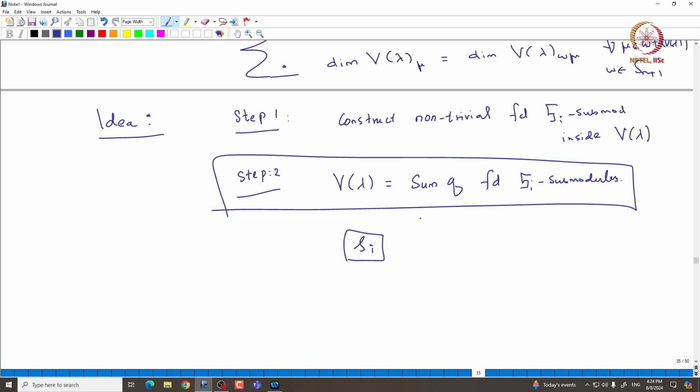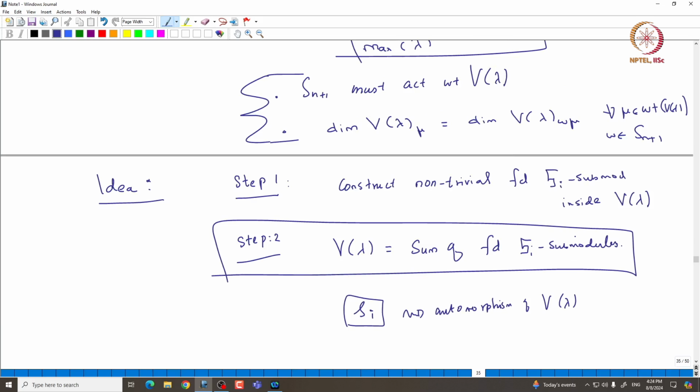We will construct a very explicit automorphism of this V lambda. That automorphism will correspond to this s_i. That will tell you immediately that, because an automorphism preserves dimensions, if you take the mu weight space, it will send it to the s_i mu weight space.